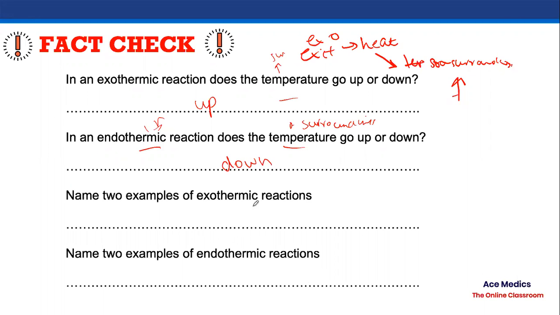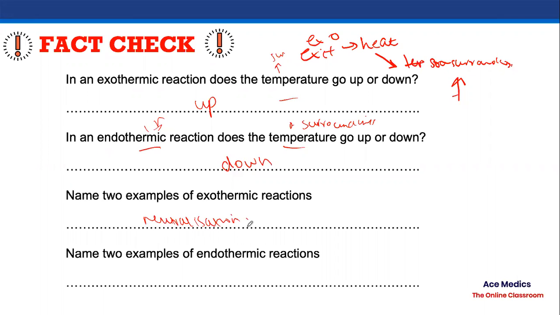Yes, okay. Now, what are two examples of exothermic reactions then? We talked about this, exothermic reactions. What are two examples? Neutralization, excellent, good. What's another example? Combustion, yeah, excellent, good.